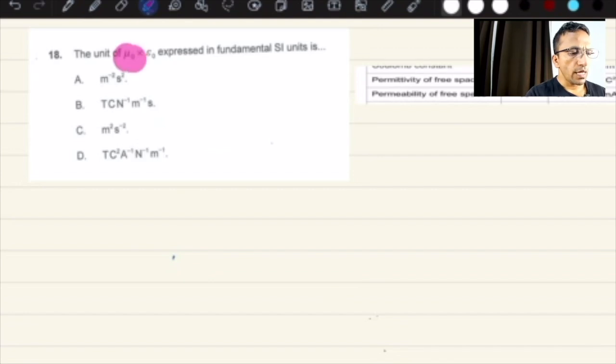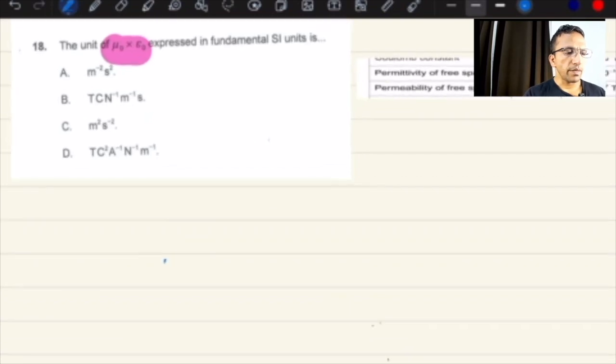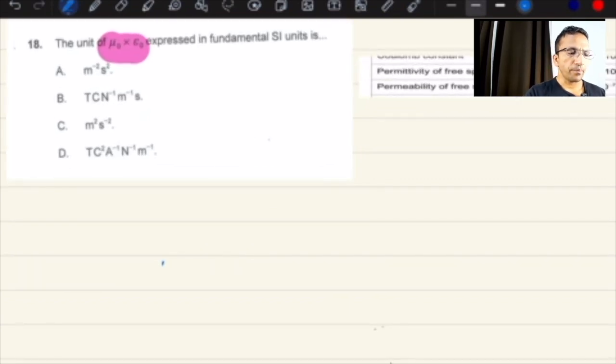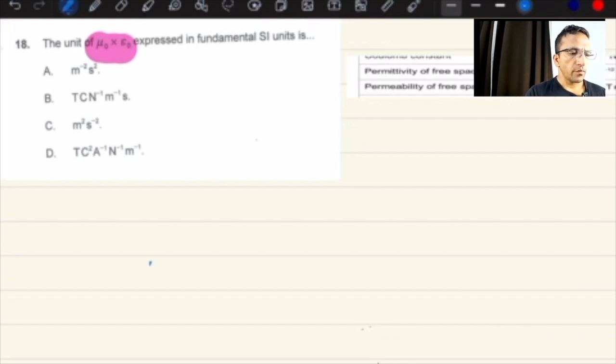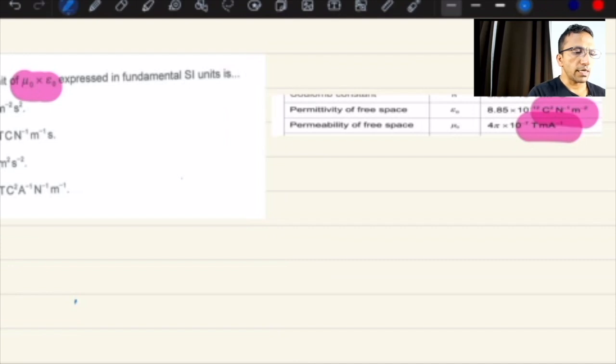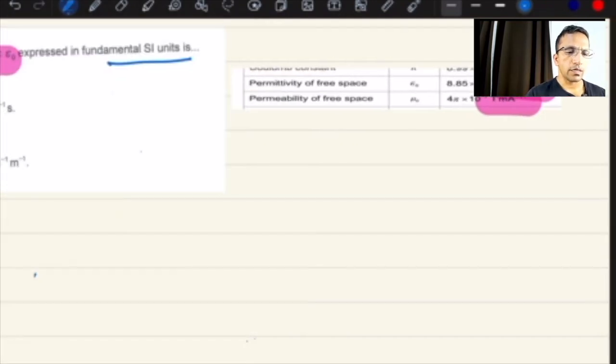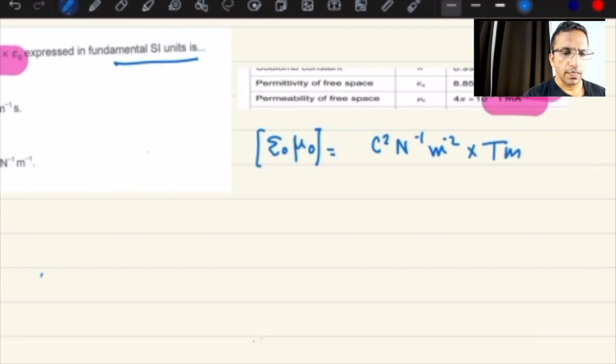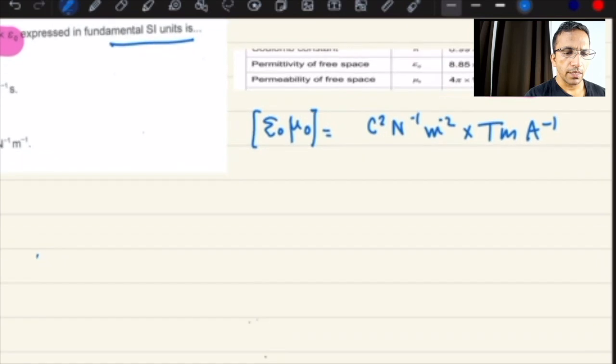The units of epsilon naught and mu naught, these are the permittivity and permeability of the medium, the electric and magnetic constants. So the easiest way is to look at the data booklet. The data booklet has their units, but the problem is we have to understand that what they are asking is in SI fundamental units. So let's think, epsilon naught mu naught units are C squared N negative 1 m negative 2 times T m A negative 1.